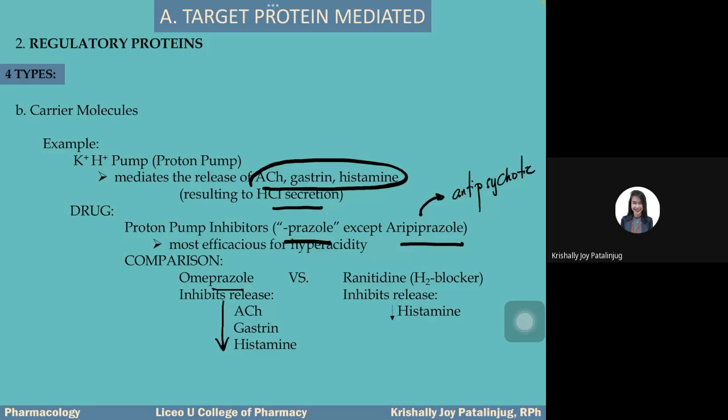Whereas an H2 blocker only inhibits histamine, and there are still other endogenous substances that could trigger release of HCl, gastrin and acetylcholine.